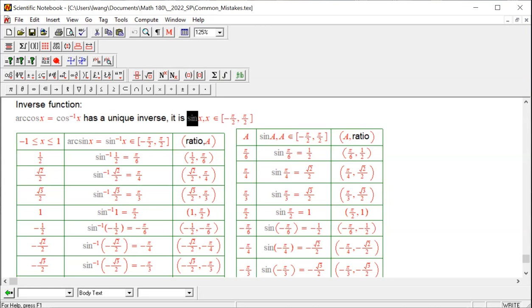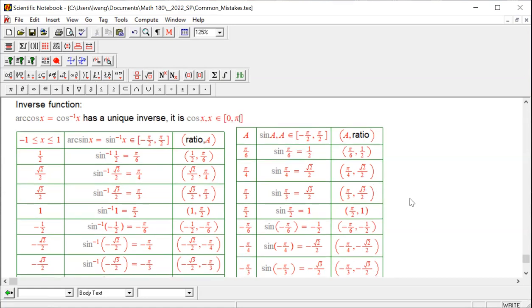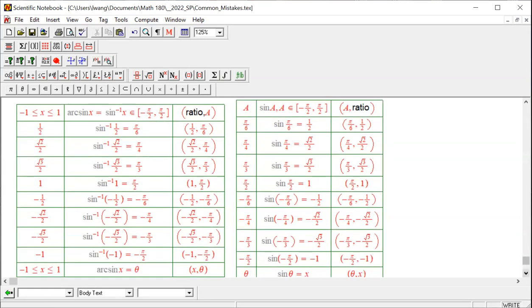So I'm changing it over so you can see the difference. This is not because of laziness.